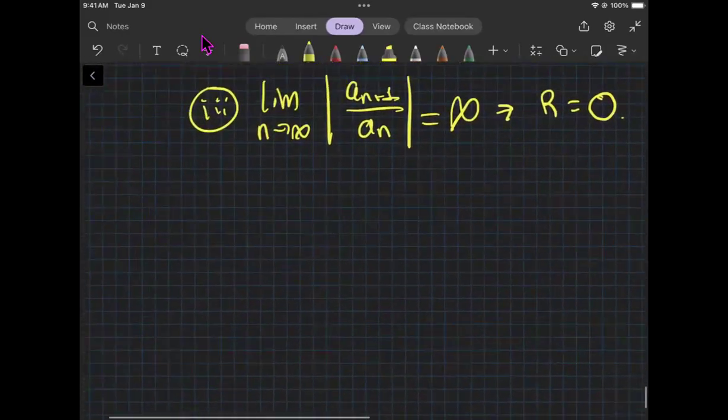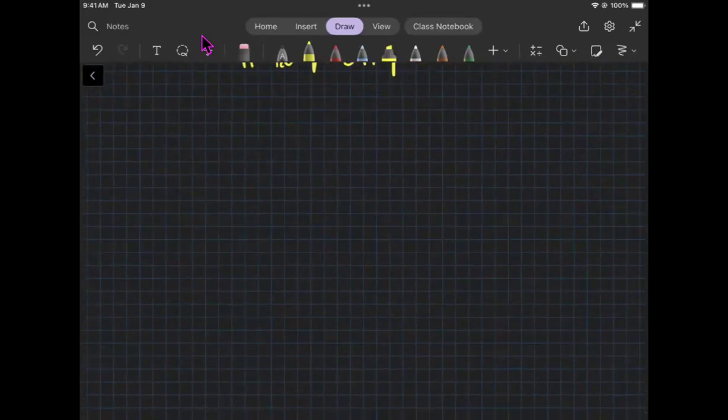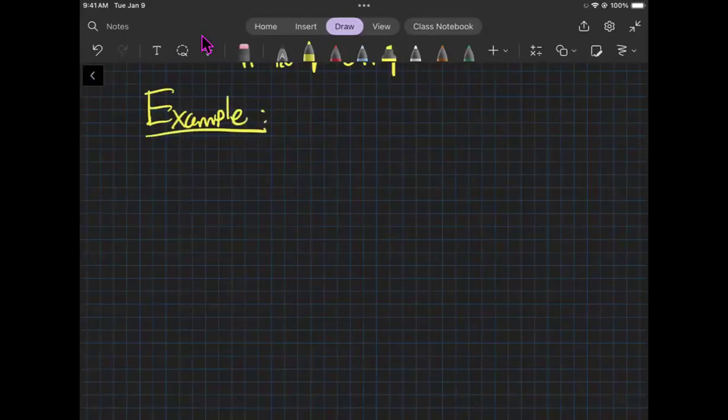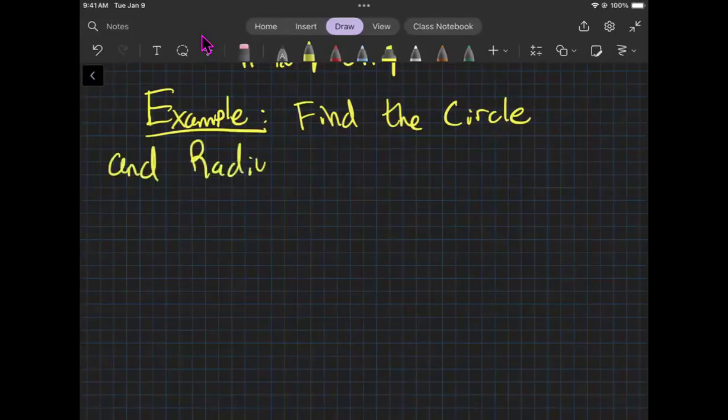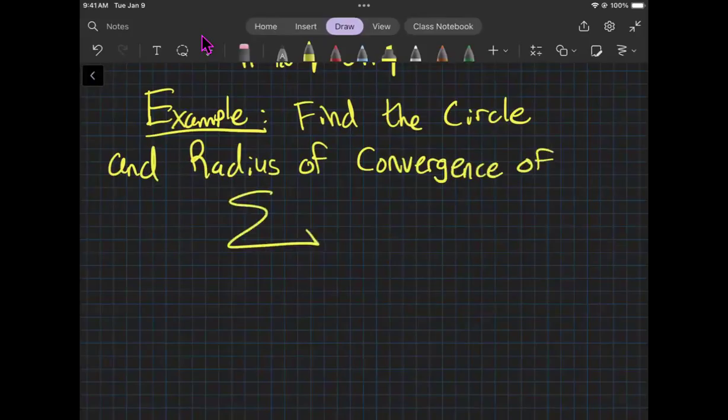All right. So with that, I want to go over just one example on showing convergence or divergence of a series, right? Find the circle and radius of convergence of this series.